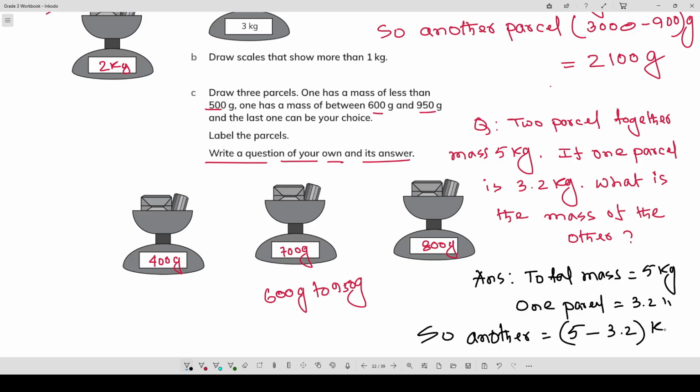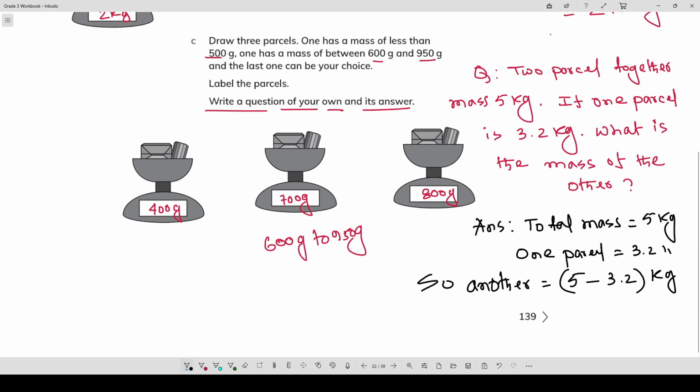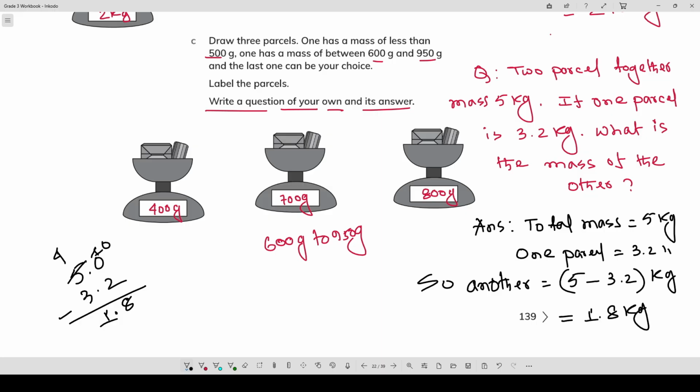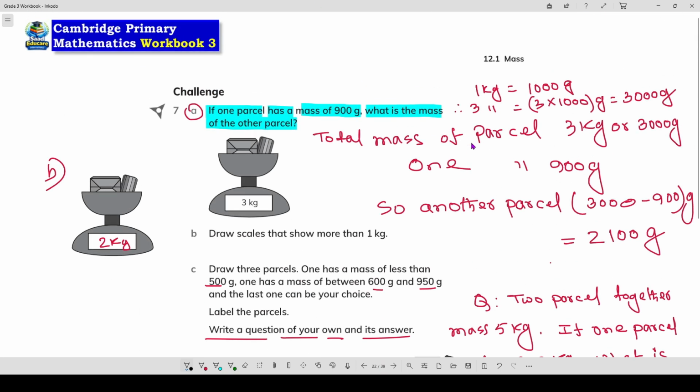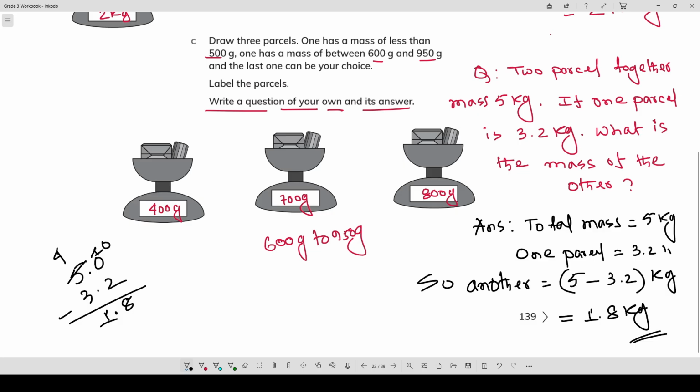So how can we subtract this? 5 kg can be written as 5.0 and here is 3.2. So it's 10, right? So 10 minus 2 will be 8. This 5 becomes 4. So 4 minus 3 will be 1. So 1.8 kg. Very simple.